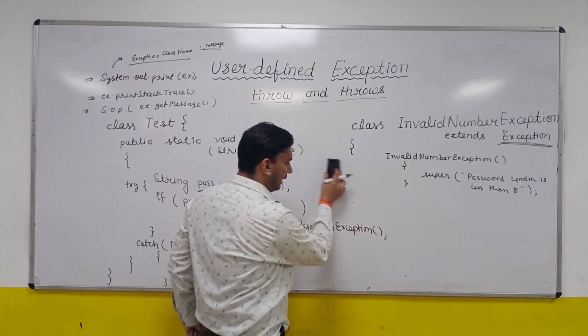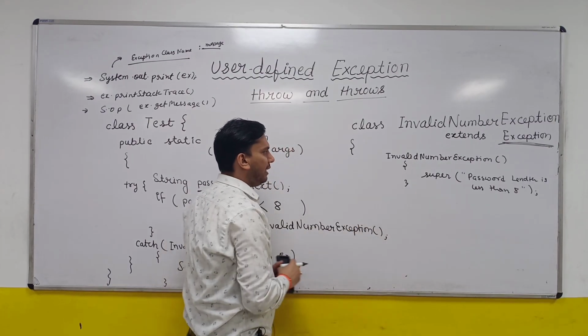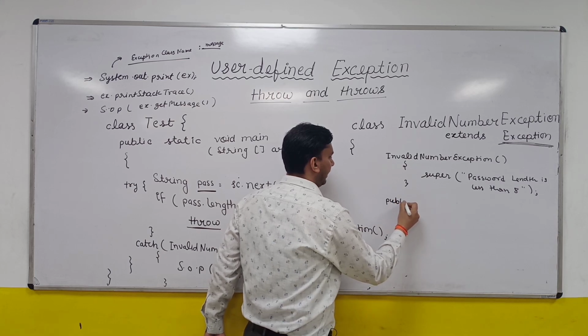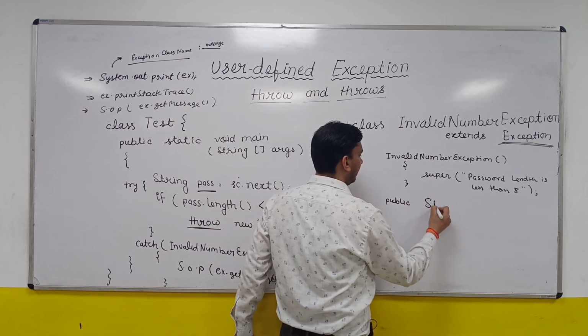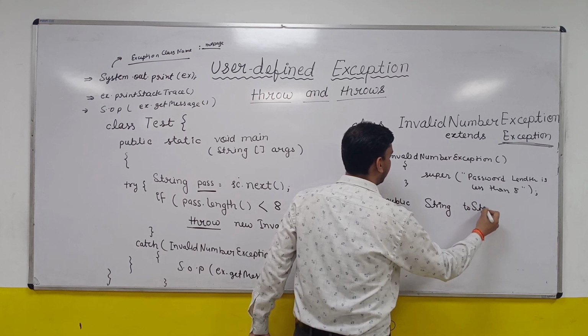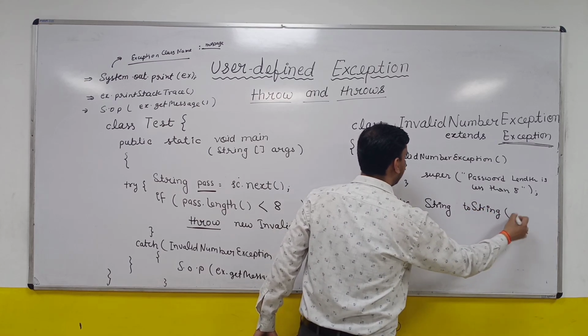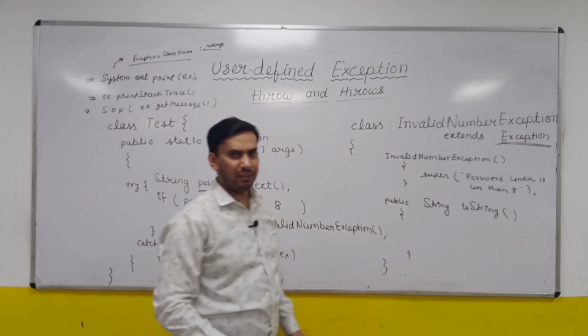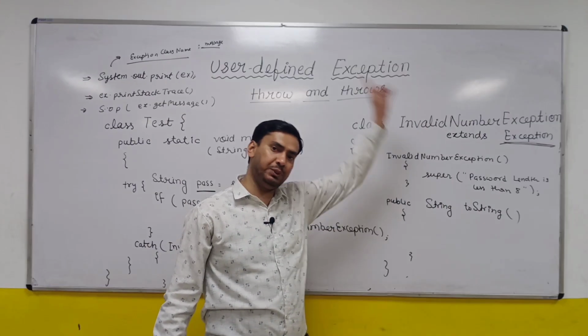Now suppose I have overridden the toString method also. I will write here public String toString. So this is the syntax of the toString method. You can override this toString method anywhere because it is defined in the Object class.